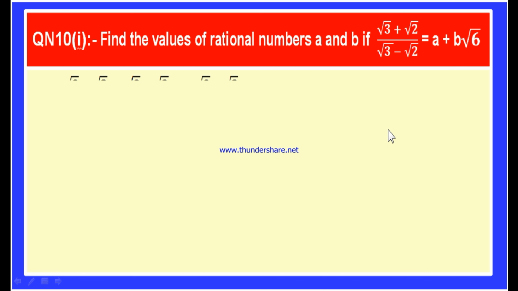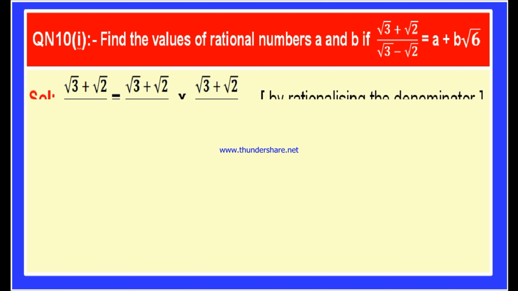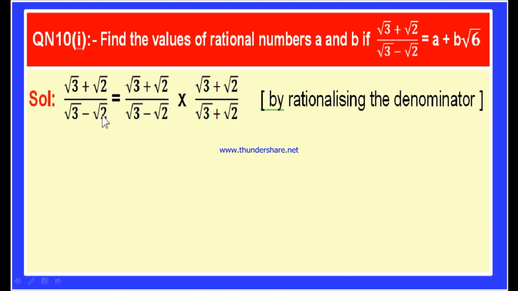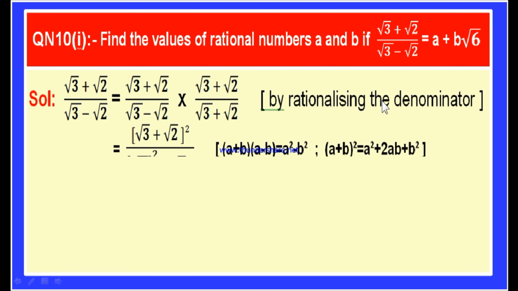Here is the solution. Let us consider root 3 plus root 2 by root 3 minus root 2. As we found the denominator is an irrational number, let us rationalize the denominator.